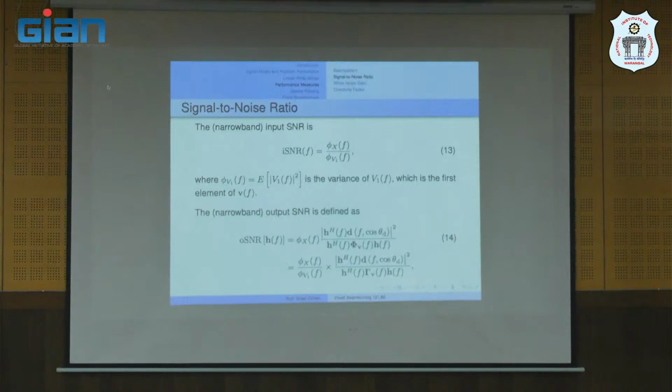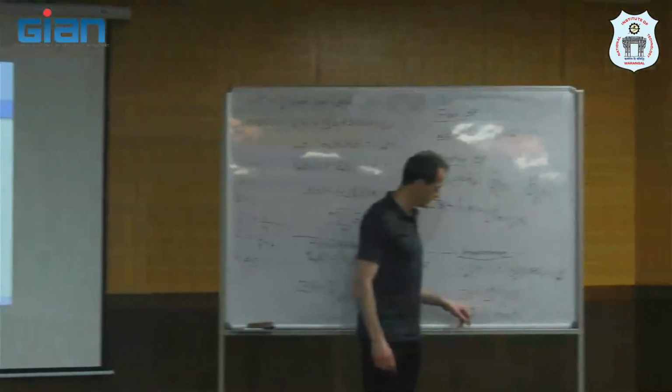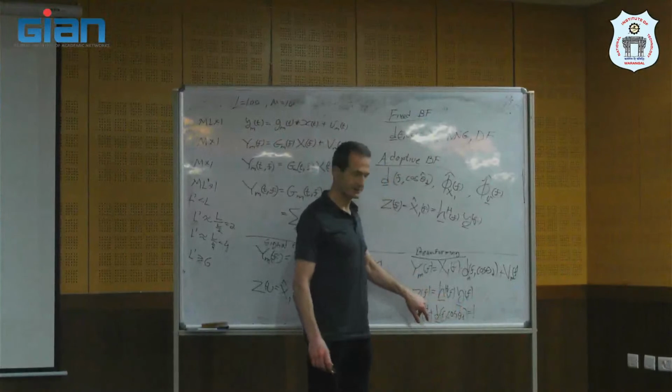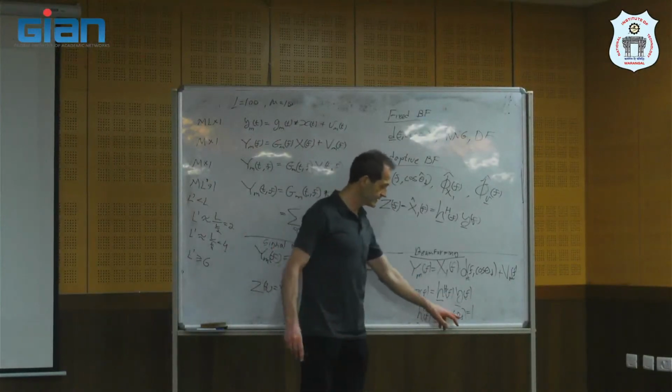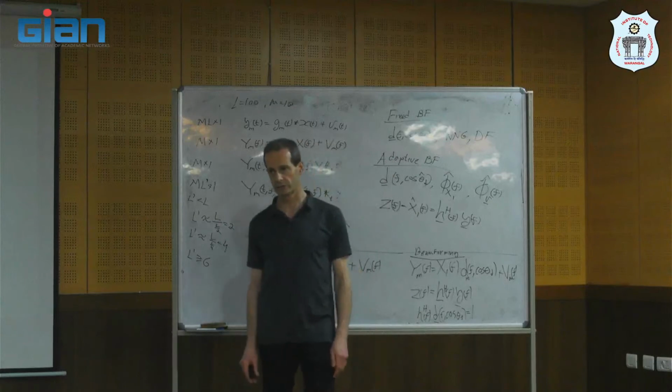So we see that using a beamformer, we don't need to know the signal or the variance of the signal. We just need to know the response to the direction of the desired source. So we use the constraint that it's 1. Any signal that comes exactly from theta d will not be distorted.